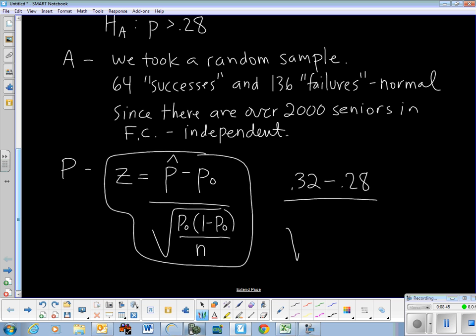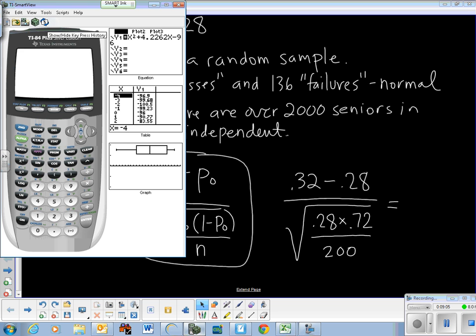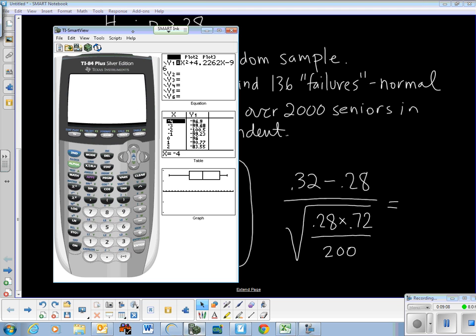On the bottom, we have the square root of 0.28 times 0.72 over 200. All of this together is our z-score. It's a test statistic, I should say, but it's just a z-score like they always were.